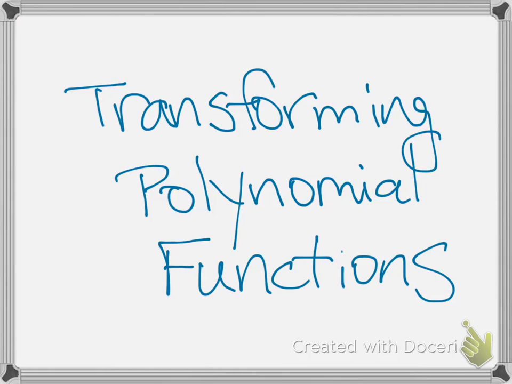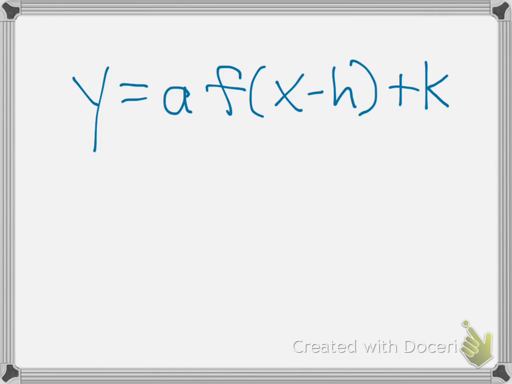So let's take a look real quick at just the basic form of a transformation. We said earlier in the year that we could take, again, any function that we wanted. Here's our function f in this case. And we could apply one or more of those three basic transformations. We could shift horizontally by our factor of h.